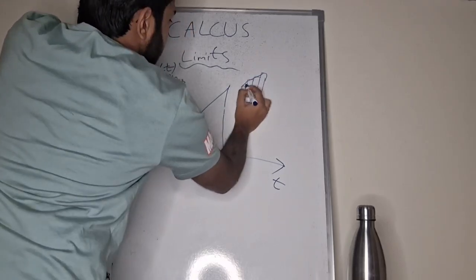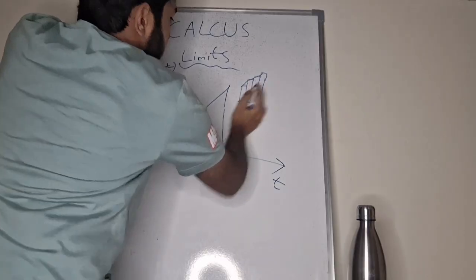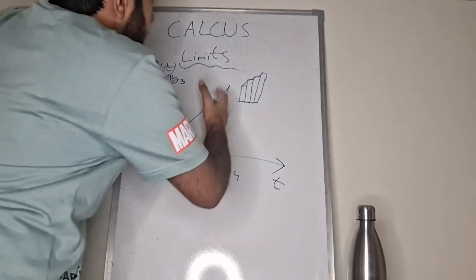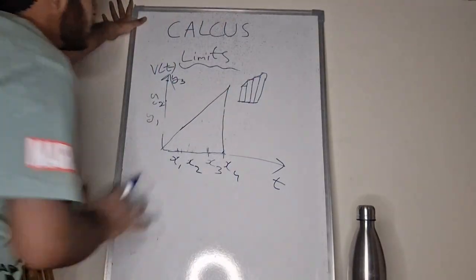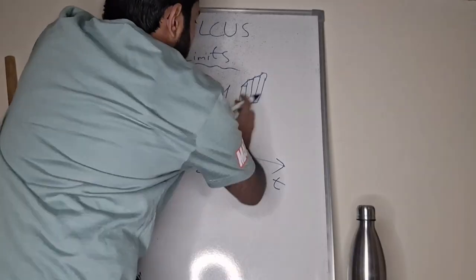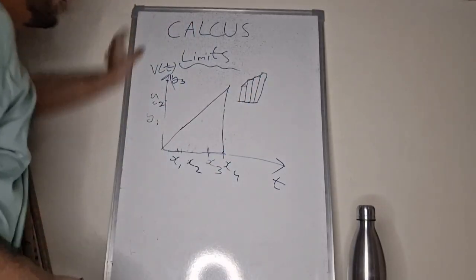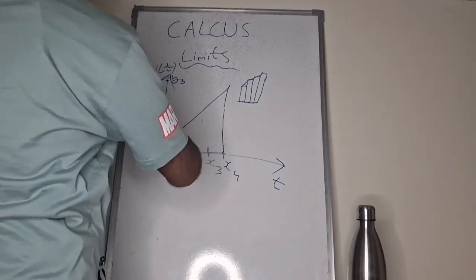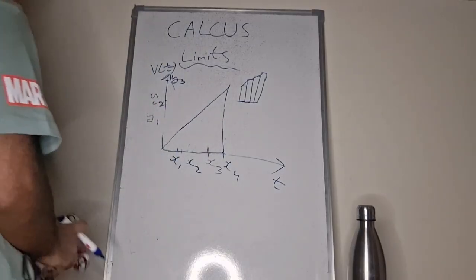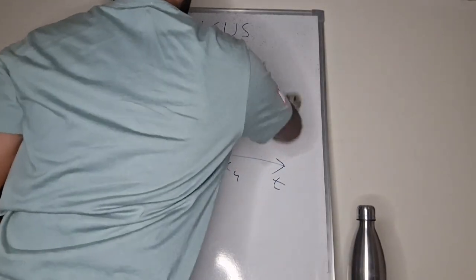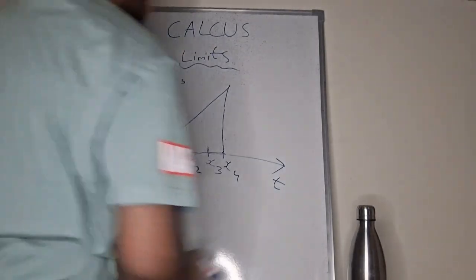This is disappearing. These small triangles, still looks rough, but still. So in the limit, this disappears, and now we have this continuous one. So I hope you understood limits.